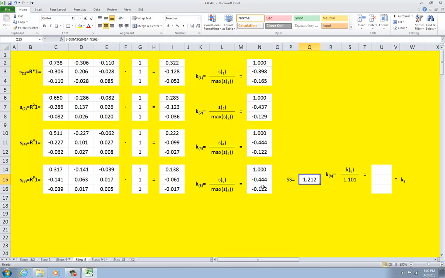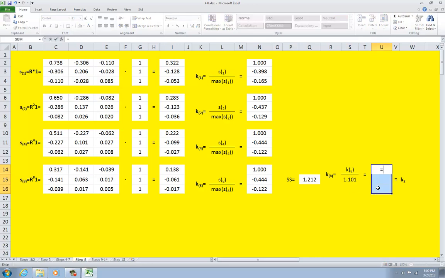Which will give us 1.212. So the magnitude of this is the square root of that, so it's 1.101.